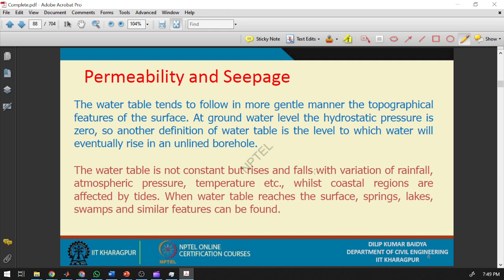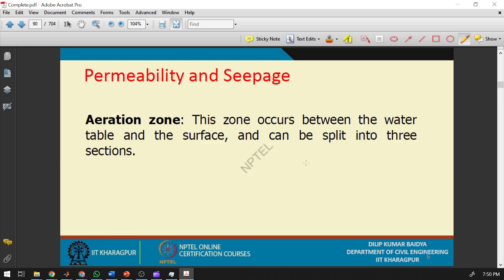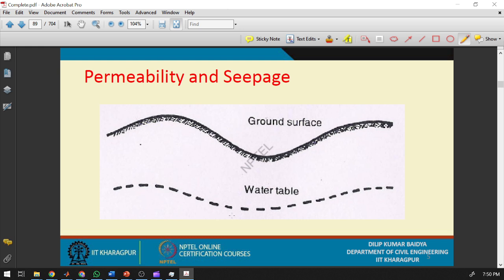Okay, water table and ground surface. Why will this happen? For example, you will have a bedrock here. Why is the water not like this?